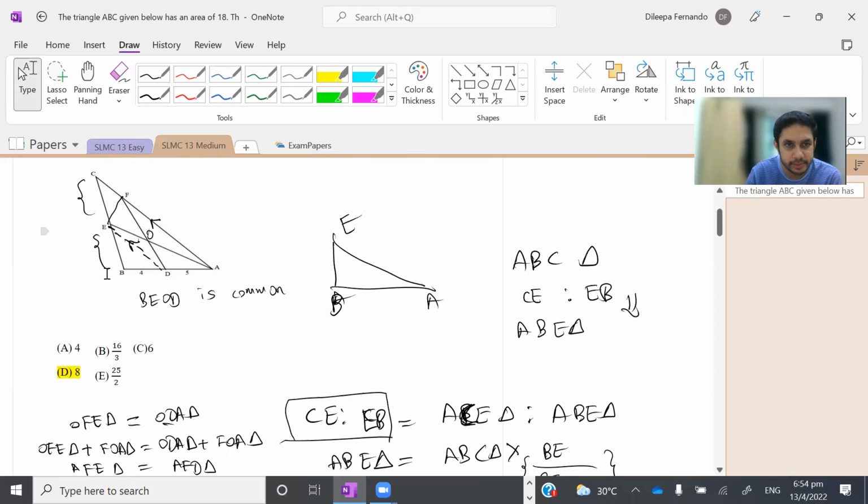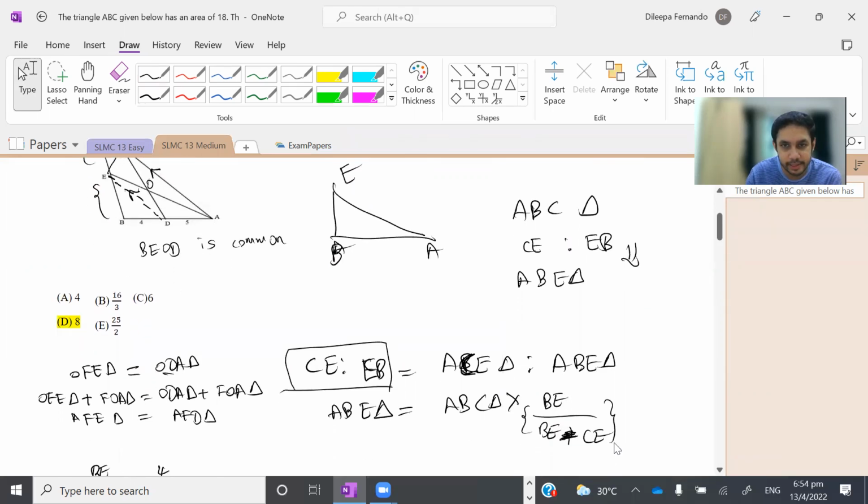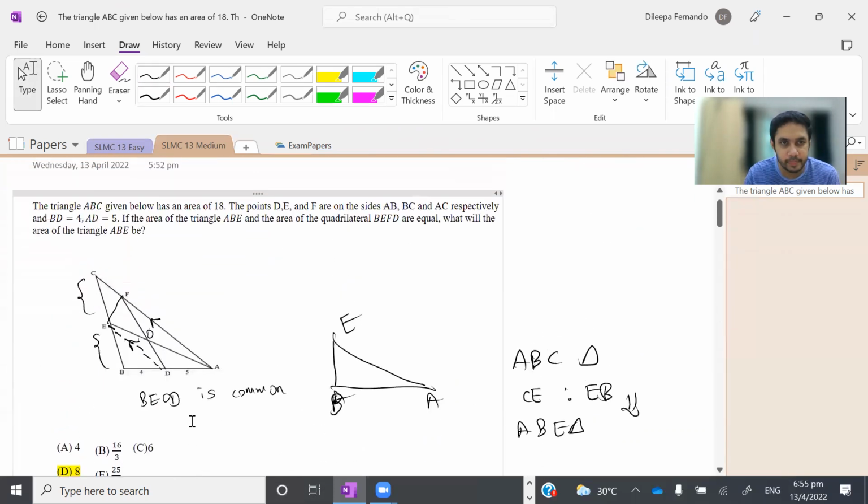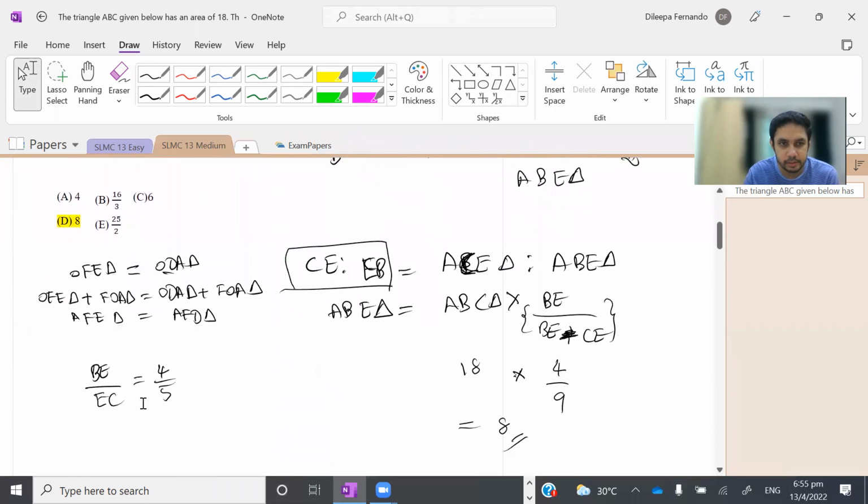So by using this, we find the ratio of BE to BE plus CE, and now we know that it's 4/9, and the ABC triangle area is 18. So the answer is 8. Hope this is clear.